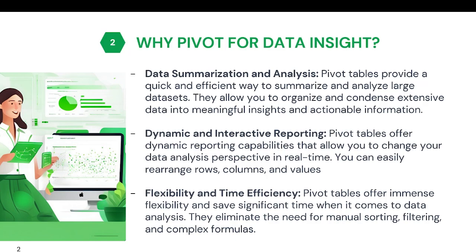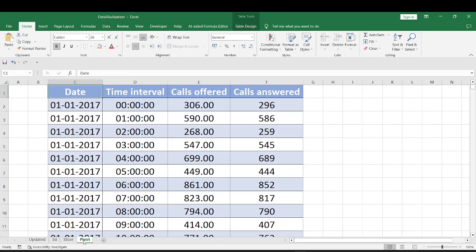Let's use our table and apply pivot table on that. We have a simple table like this: date, time interval, calls offered, and calls answered. This is again data of a call center, where it shows the time interval, every hour, and the number of calls received for that 1 hour interval.